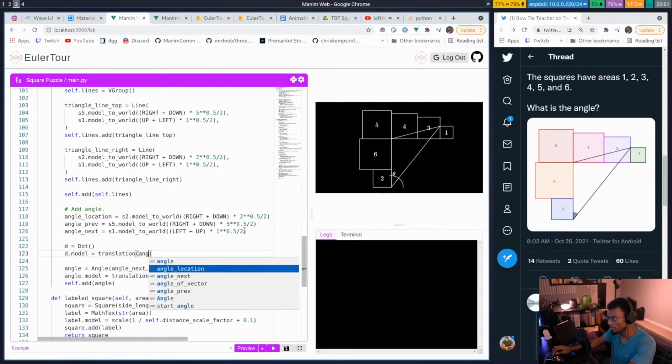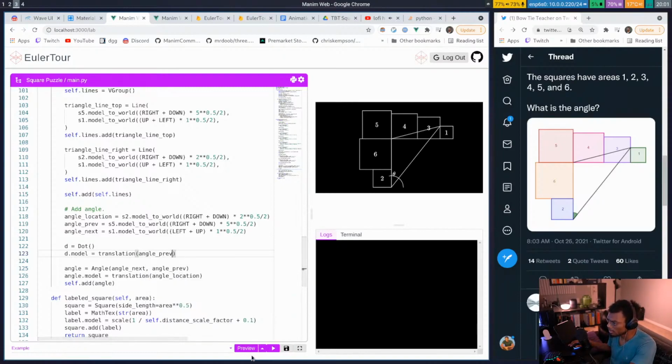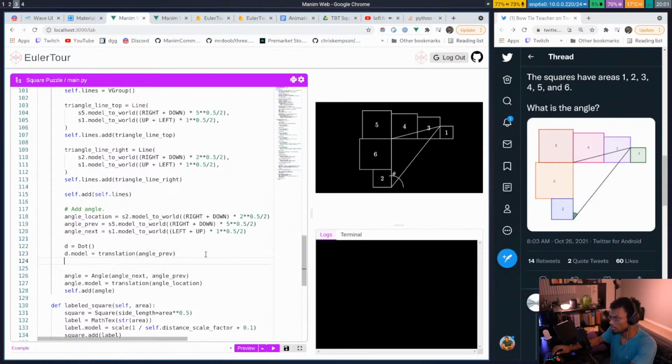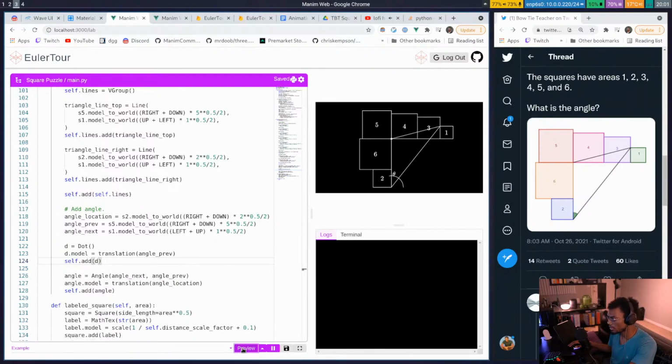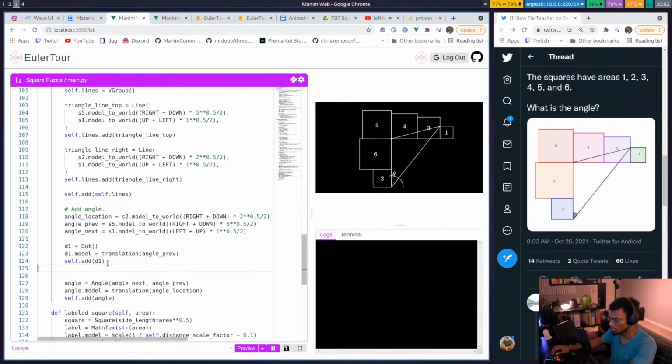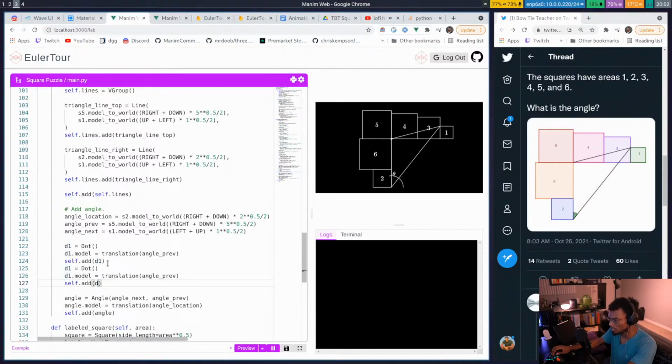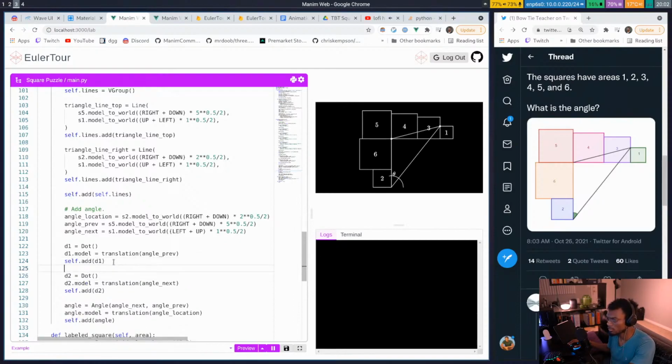Translation, should be able to put angle prev. Okay, so that's the right location. That's the right location. So it must be something with the angle logic.